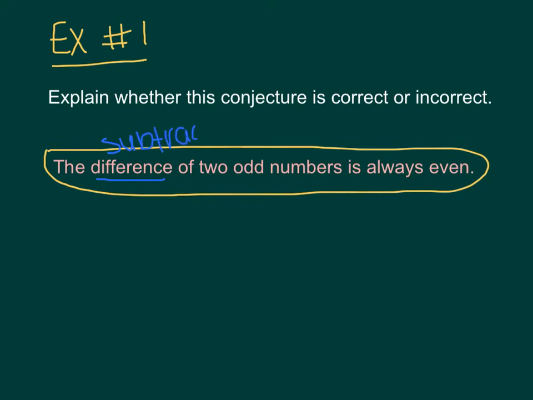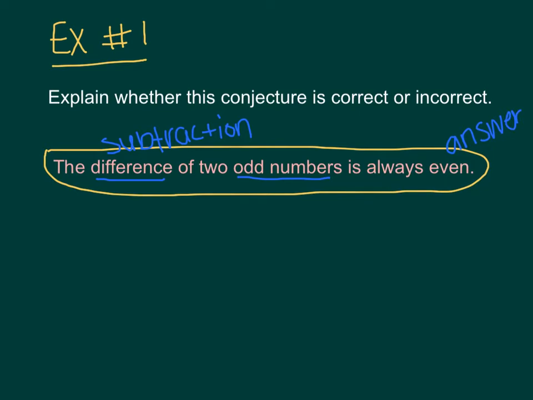So I'm looking at something that is going to be working with subtraction. The difference of two odd numbers is always even. So when I subtract two odd numbers, I should get an even answer.